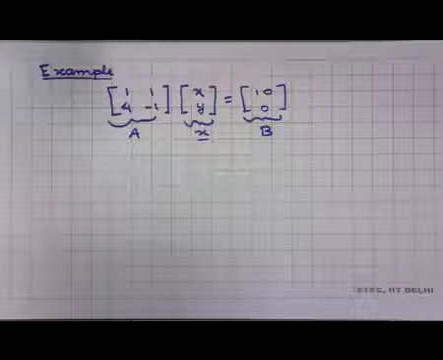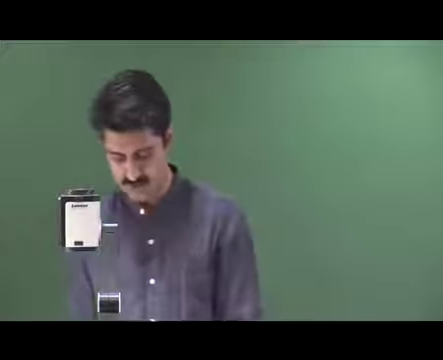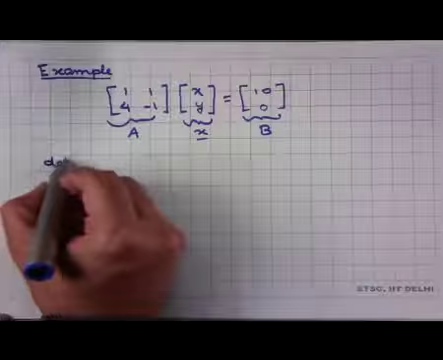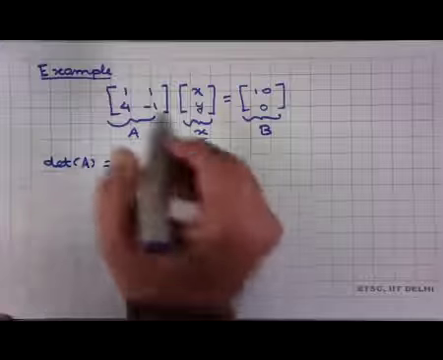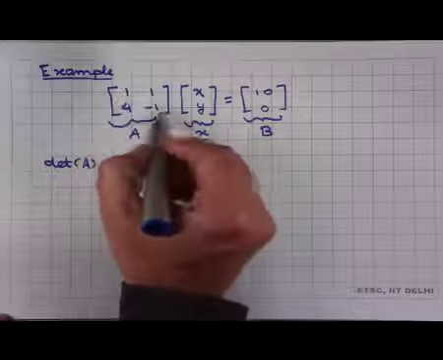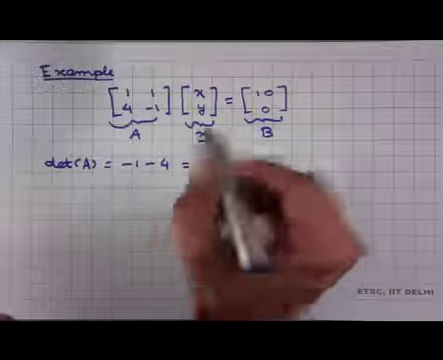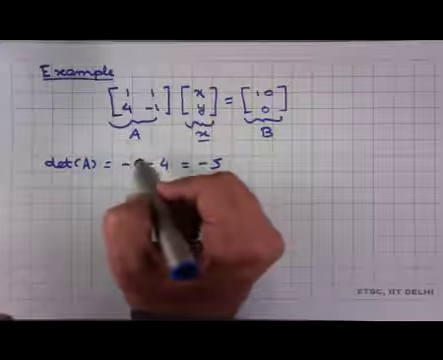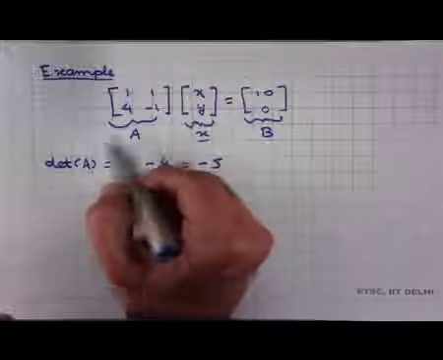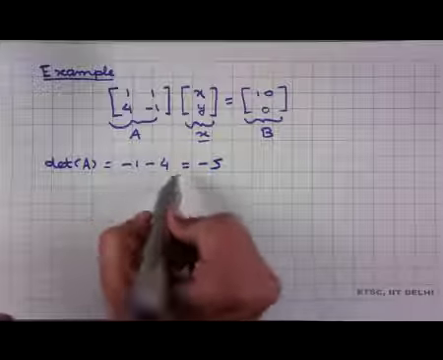So, the first thing that we did is to check whether there are solutions or not, and so for this we will look at the determinant of A. It is a 2 by 2 matrix, so the determinant should be relatively easy. Let us see if we can figure it out. So, the determinant of A here is, for a 2 by 2 matrix, we can either do 1 times minus 1, so minus 1, minus 4, so minus 5, or we could use the definition, which boils down to nothing but the same expression.